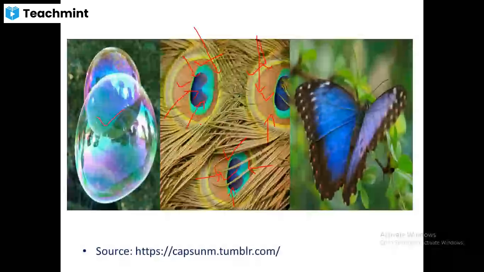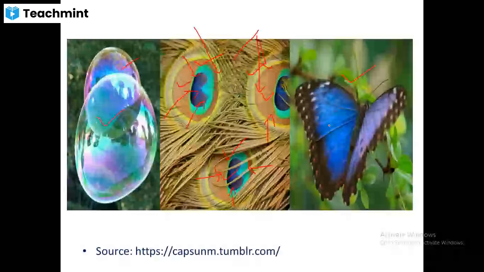If you have not observed these things, please do observe them at home whenever possible. You can see the wonders of nature. As a science student, you should know the reason behind that. The reason, as I told you, is interference of light. So here also it is interference of light. Here also it is interference of light. And you can see this butterfly.